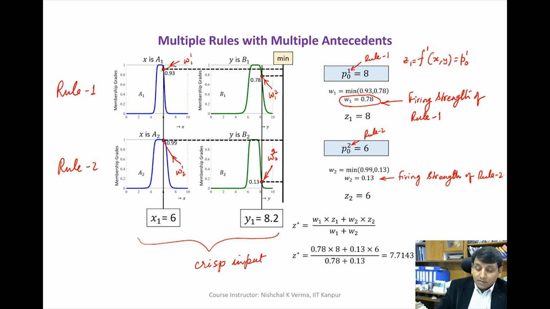The second rule gives us P02, which is 6 already. So Z2 will become 6. I can write that our Z2 is F2XY equal to P02.